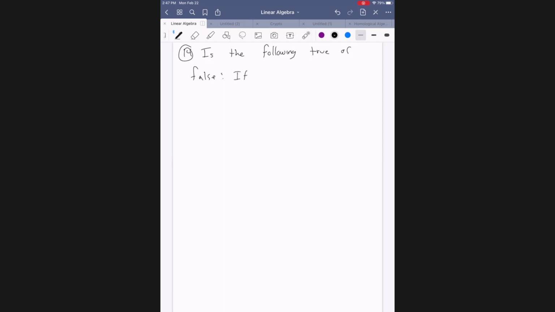If E1 through En are elementary matrices, and E1 through En times A is equal to I, then A is invertible. Is this true or false?